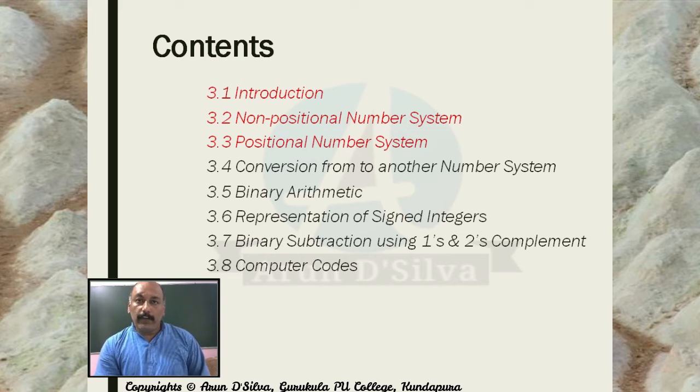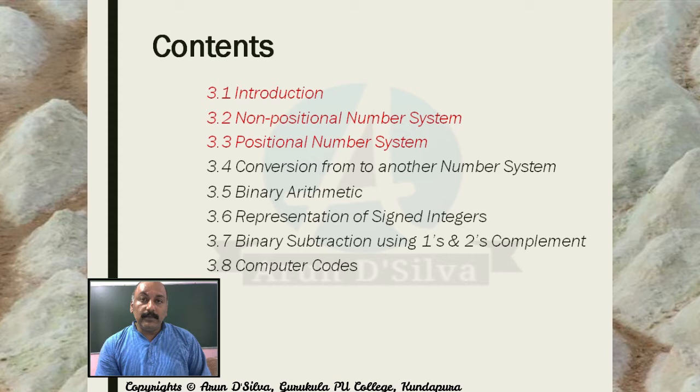Students, we already learnt in the last class the 4 different types of number system. We learned hexadecimal, octal, binary and then decimal. In the decimal number system, there are 10 different digits, 0 to 9.